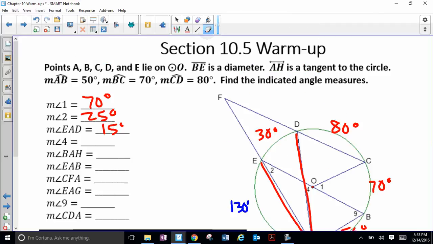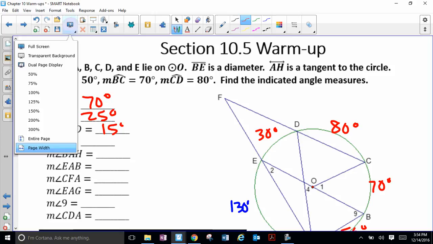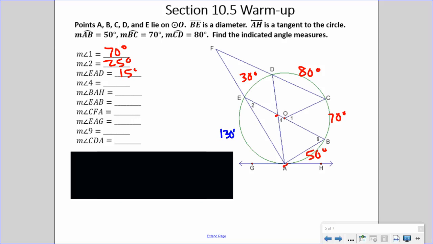All right. Angle 4 is right here. Now on angle 4, the vertex is inside the circle right here. And it's not on the center. So its arcs are 30 and 50. So you add those and divide by 2 when the vertex is inside. So 80 divided by 2 is 40 degrees.